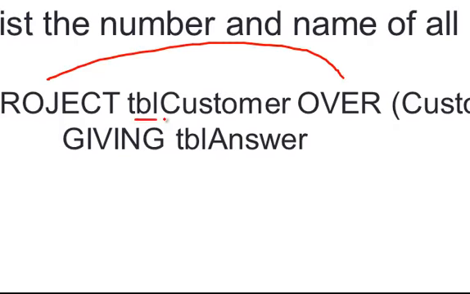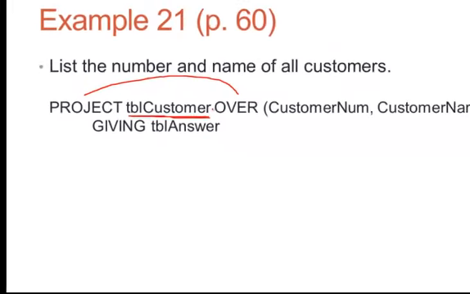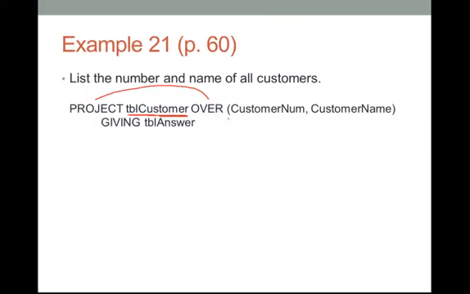So we start with project, and then where do we want to get the data from? From table customer. Which columns do we want? The customer number and the customer name. So it's taking only these two columns out of that table and storing them again in that temporary table called table answer. So project means select out of this table these two columns and put them into this temporary table.